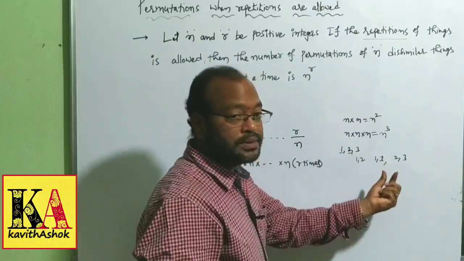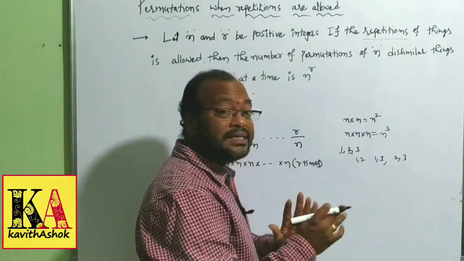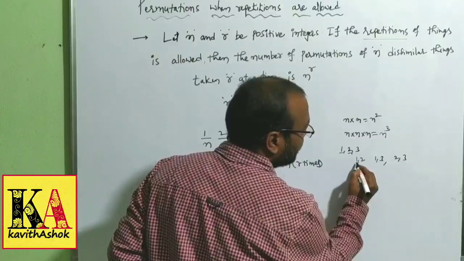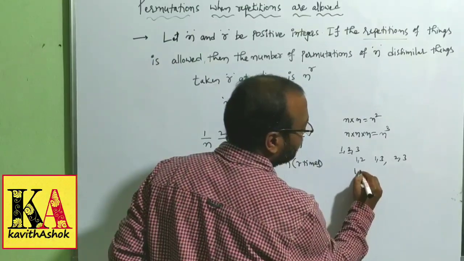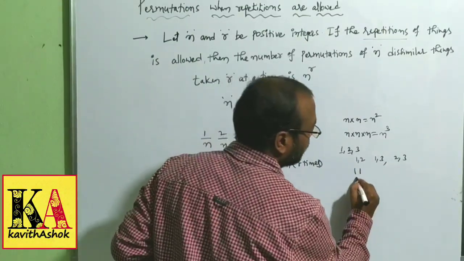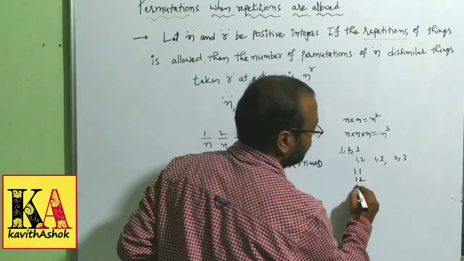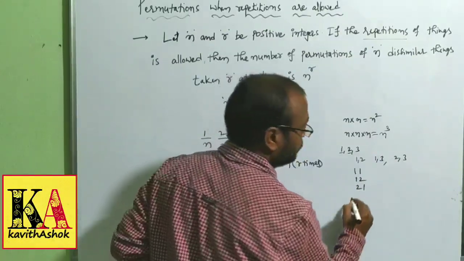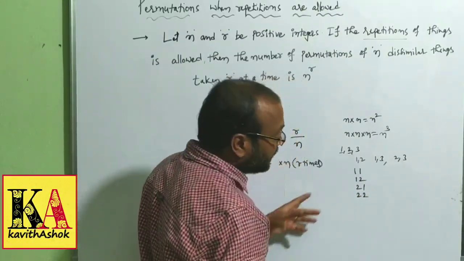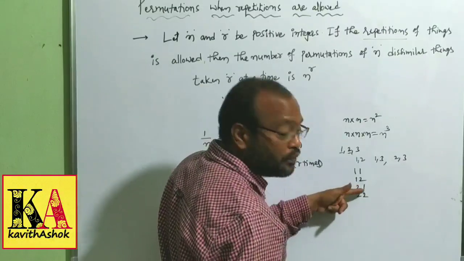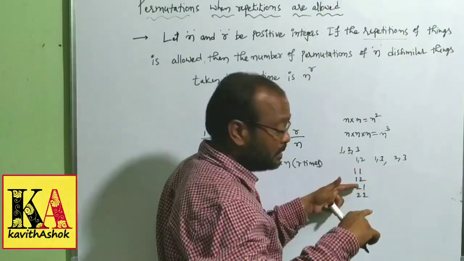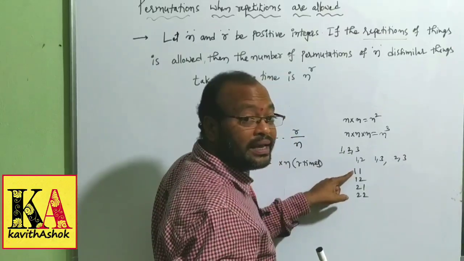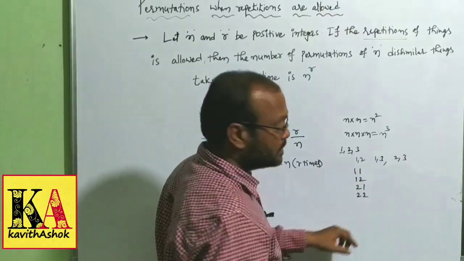Now here repetition is allowed. Previously, we had only 1, 2 and 2, 1, where repetition is not allowed. Here repetition is allowed, that's why we are taking 1 two times and 2 also two times. In the same manner.